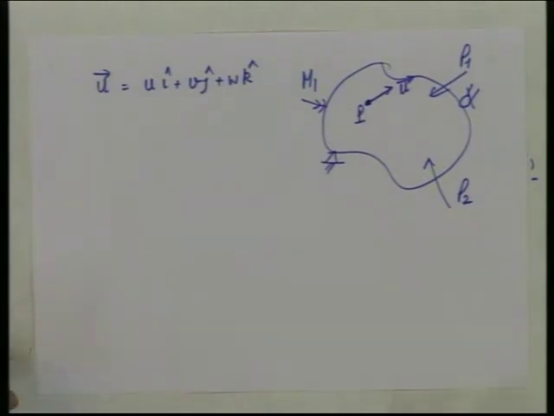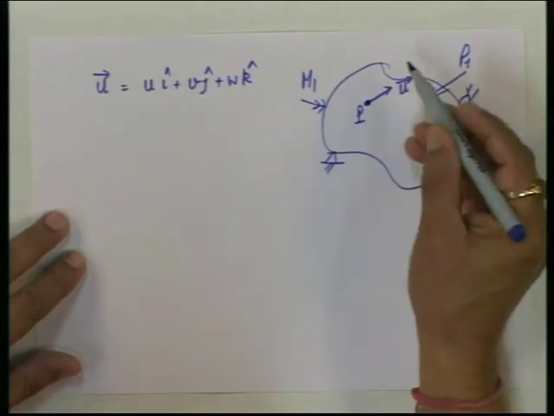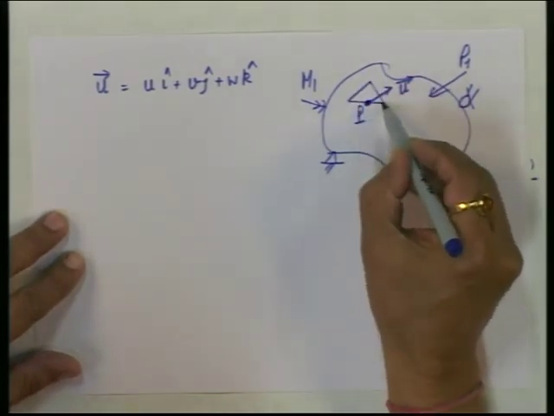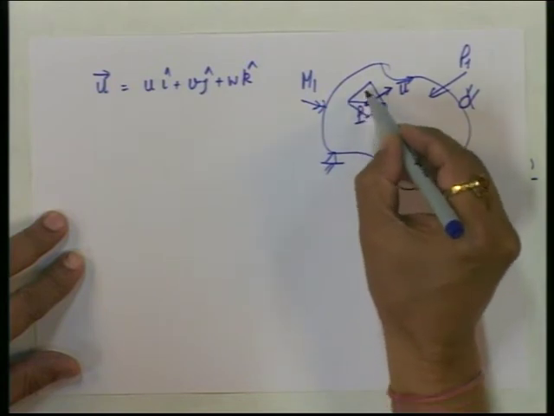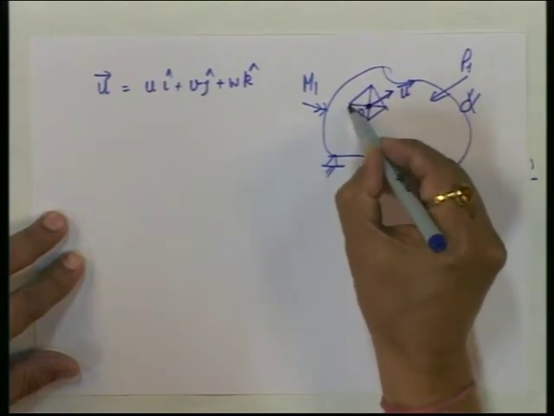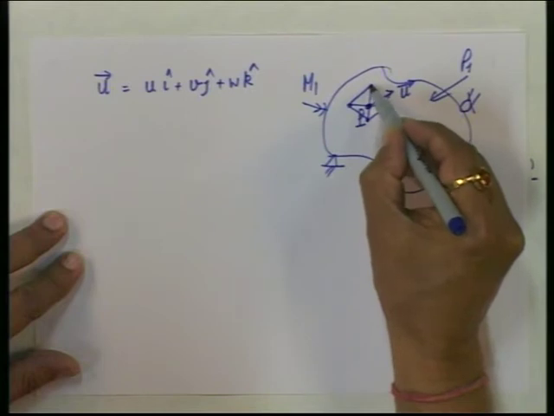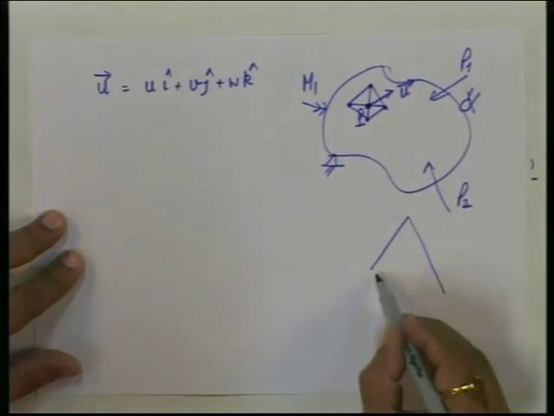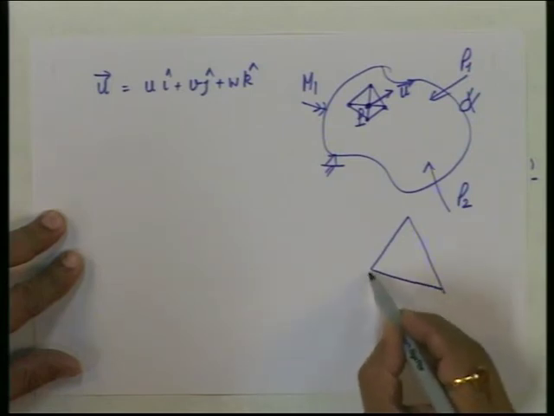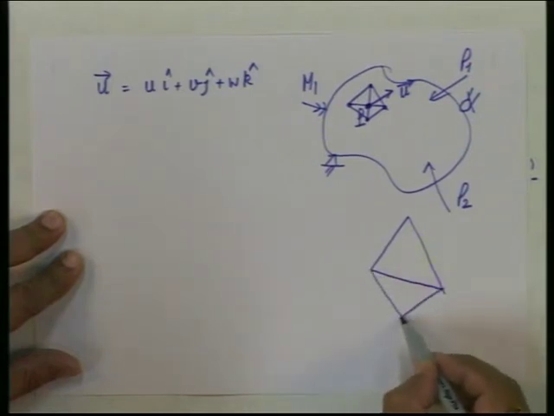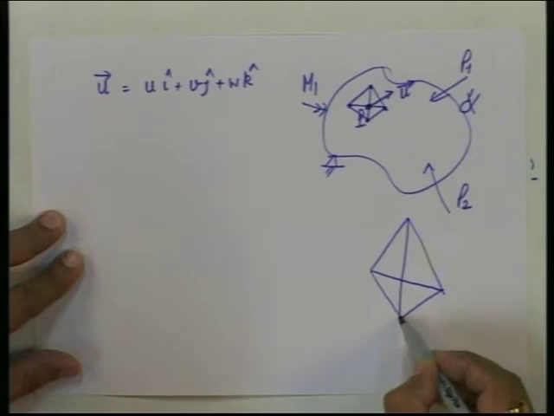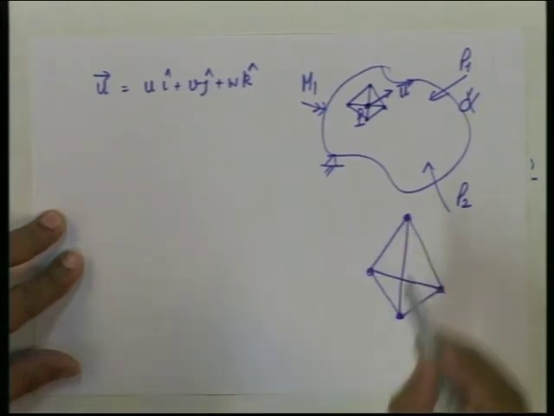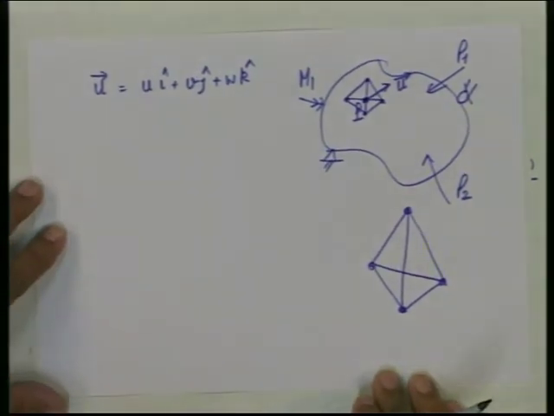So, for this V, the best thing is we will make a small tetrahedron or some element around this, because for a 3-dimensional body, the simplest element that you can think of is with 4 faces. This is a solid.